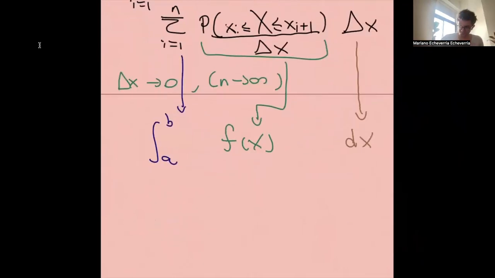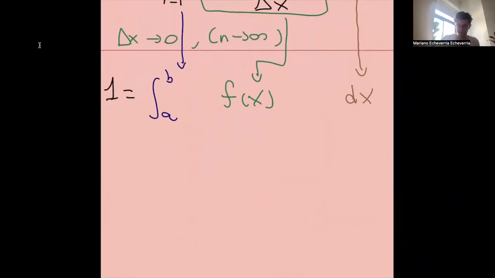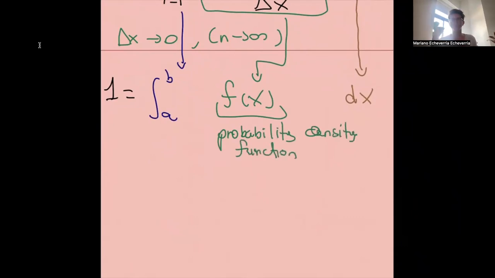The idea is that now this integral should add up to 1, and this will be called the probability density function. To compute probabilities in these cases, we just integrate.